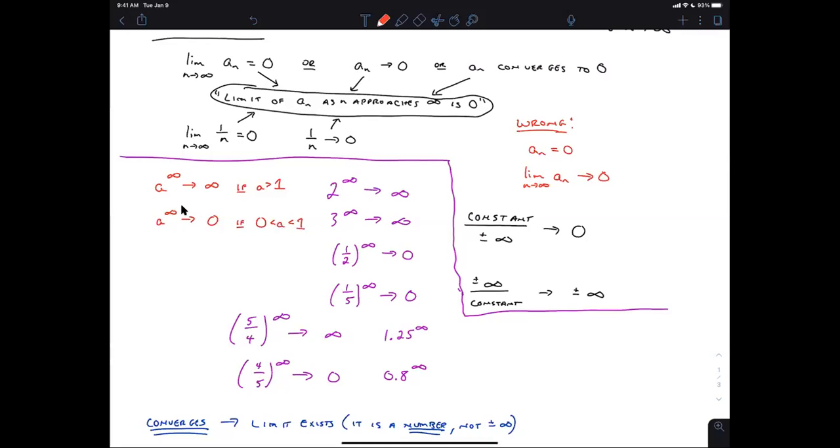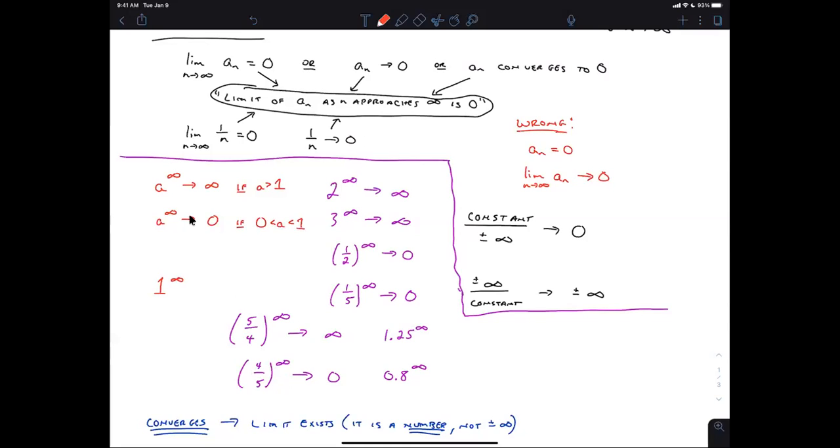If you have 1, what happens? So what if I have 1 to the infinity? Just going to go to 1, probably. There's something about 1 to the infinity that you learn in Calc 1.